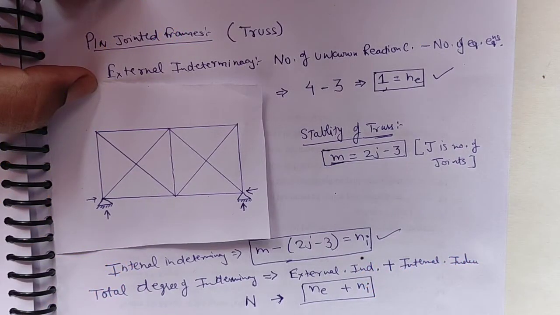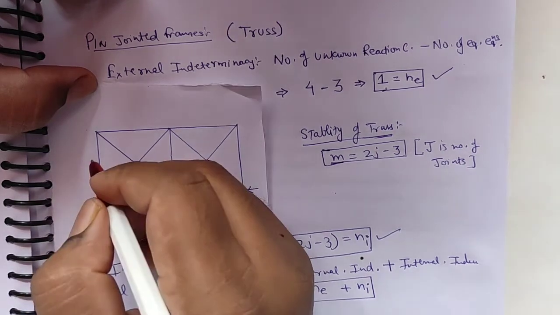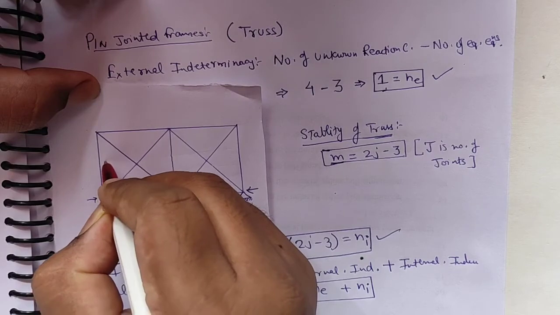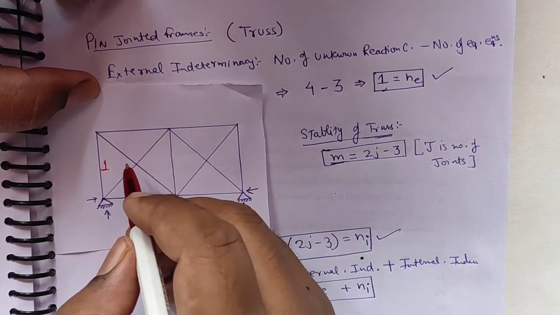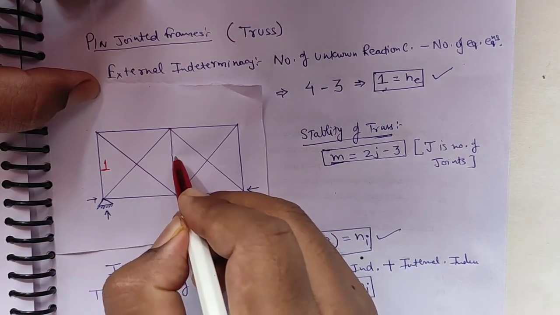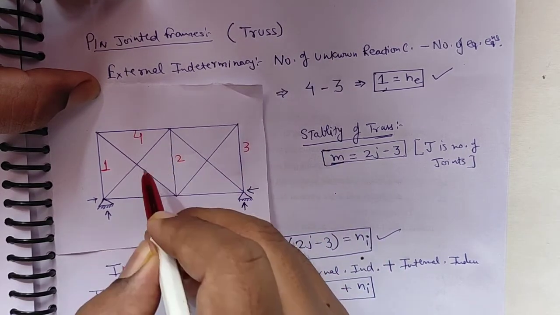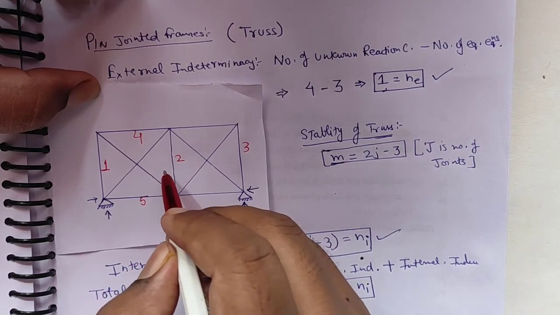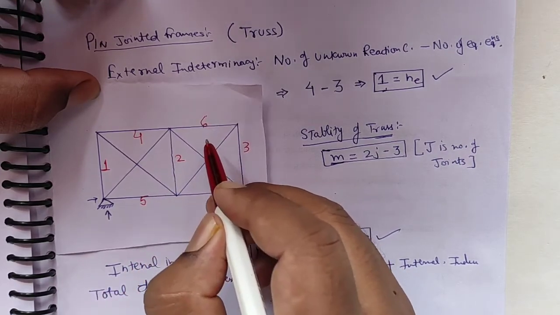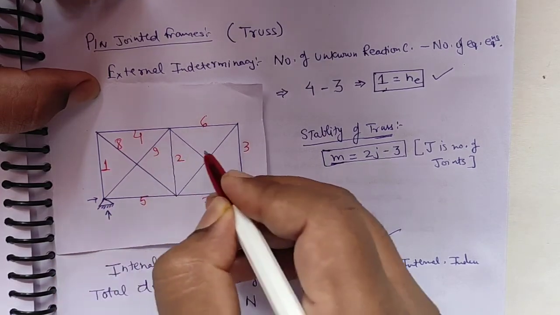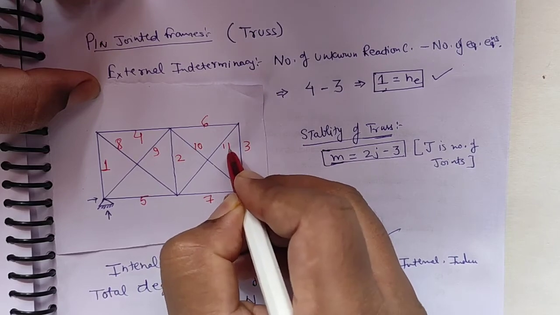Before analyzing, first I should know the number of members in my truss. Let me label them with numbers: 1, 2, 3, 4, 5, 6, 7, 8, 9, 10 and 11.